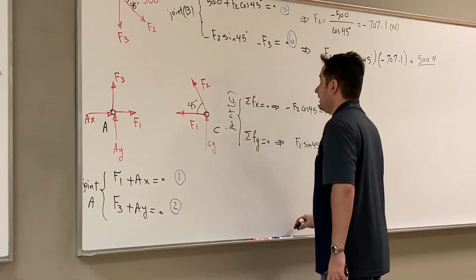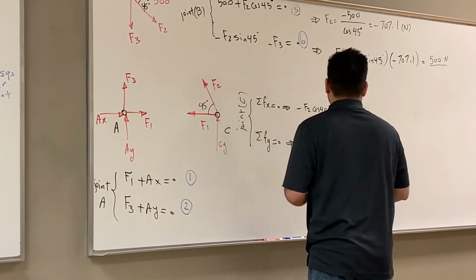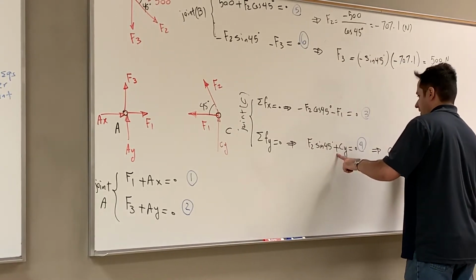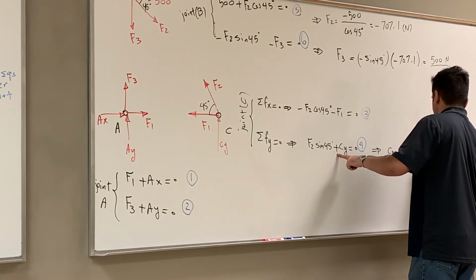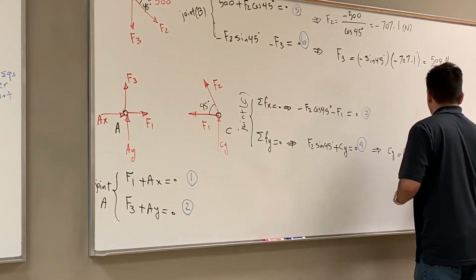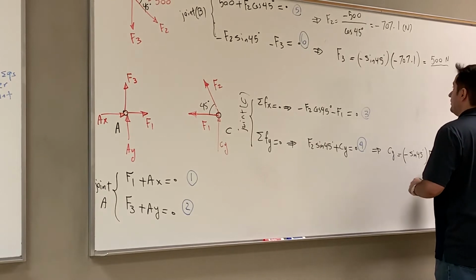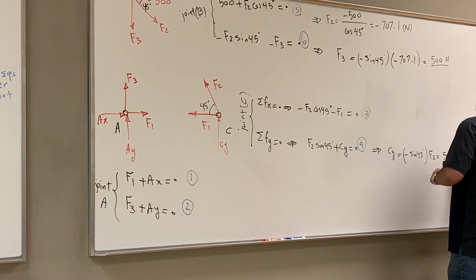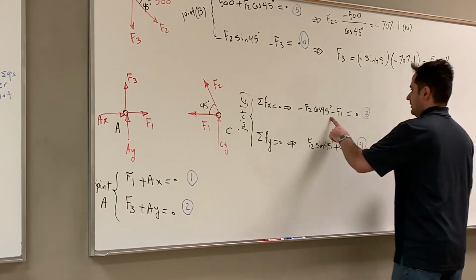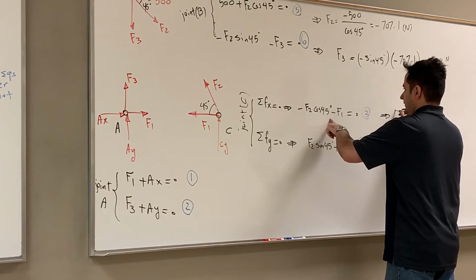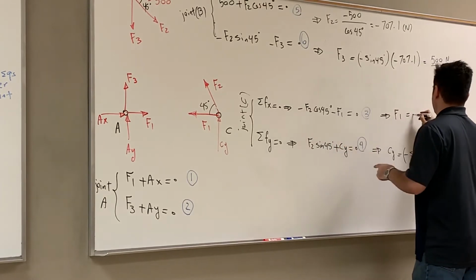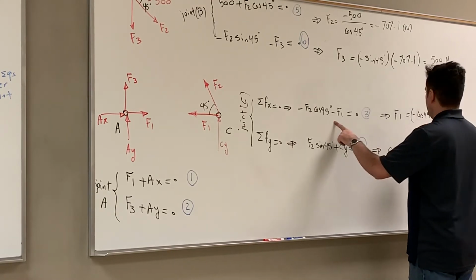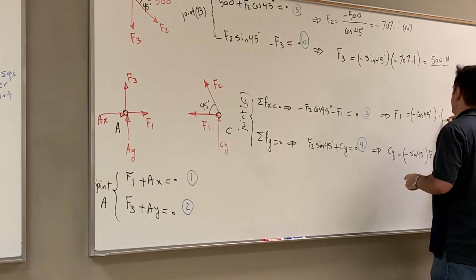So I have F1, F2, and F3. Then I can solve this. Cy is negative sine 45 times F2, which is positive 500. And here, F1 is equal to negative cosine 45 times F2.